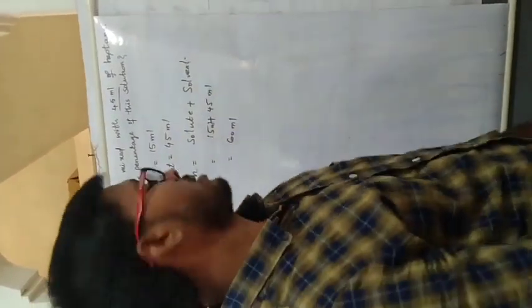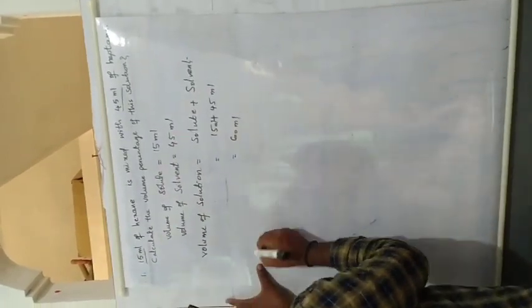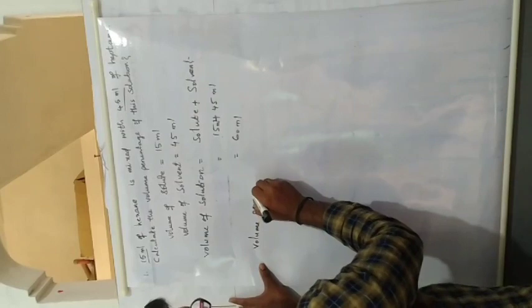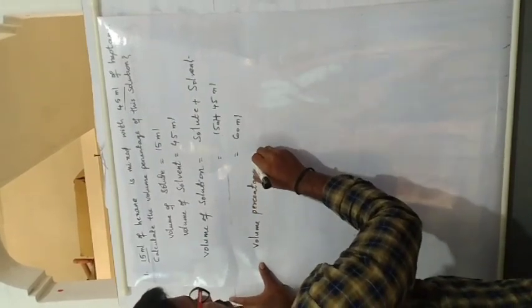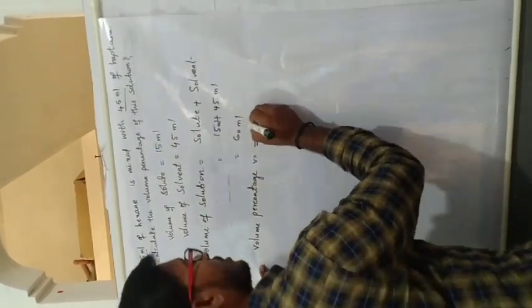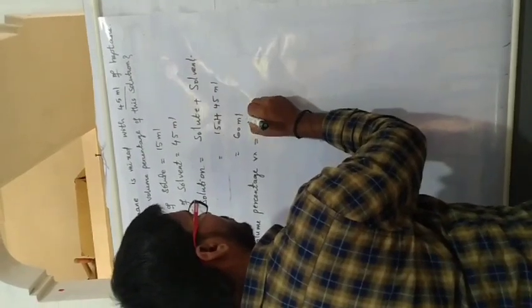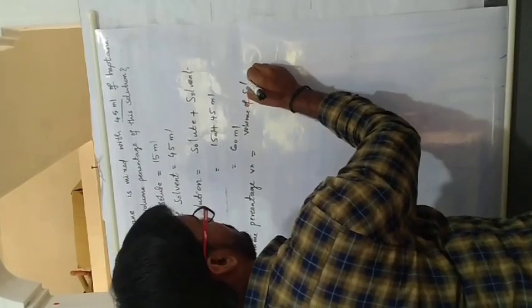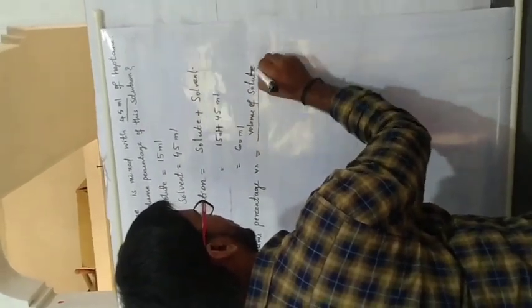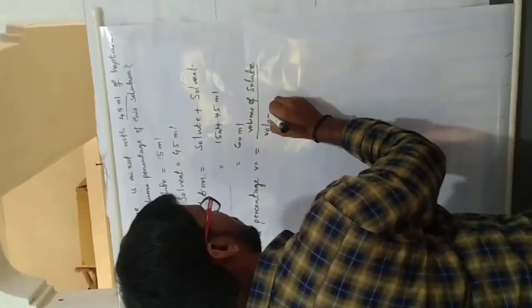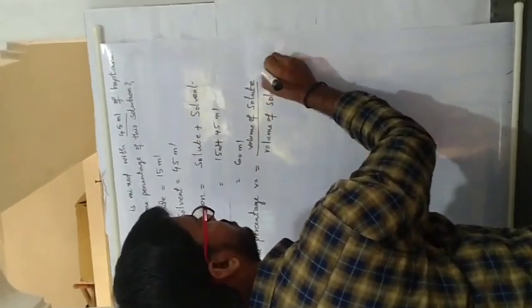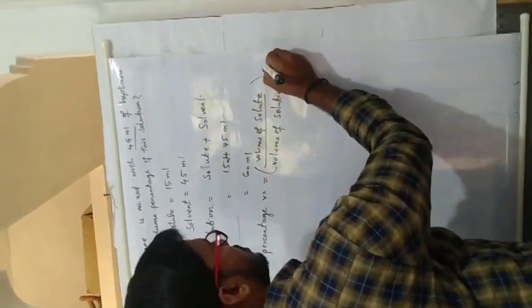Now we need to find the volume percentage. What is the formula? Volume percentage equals volume of solute by volume of solution into 100.